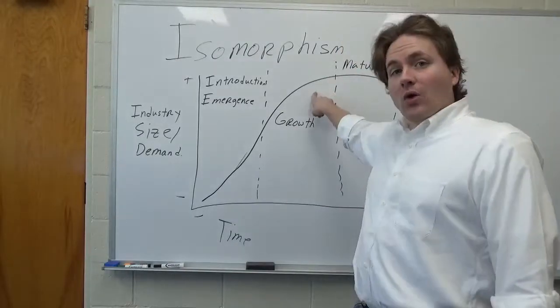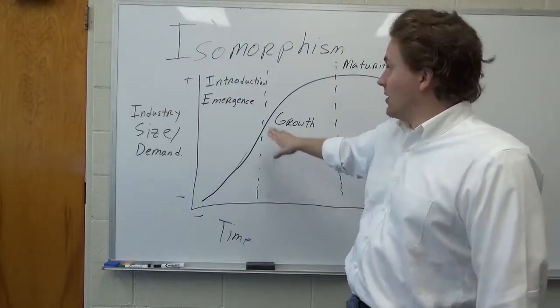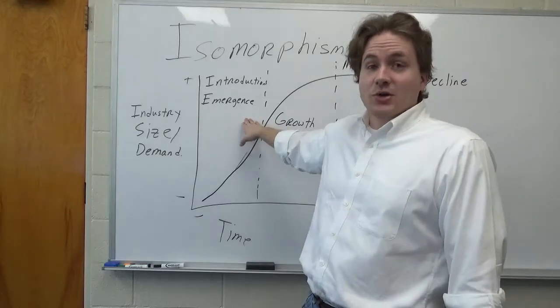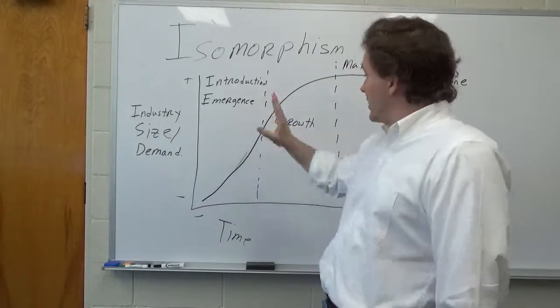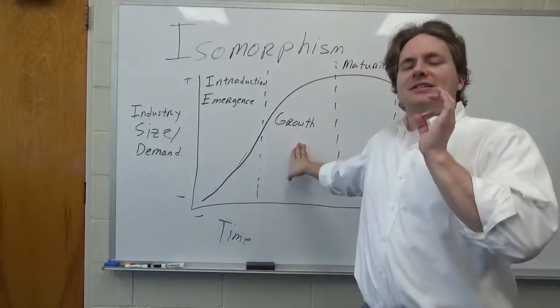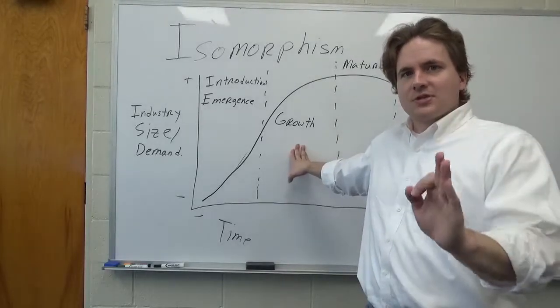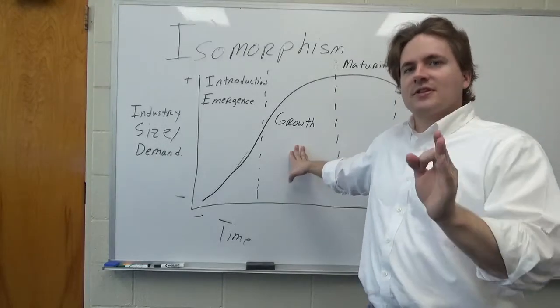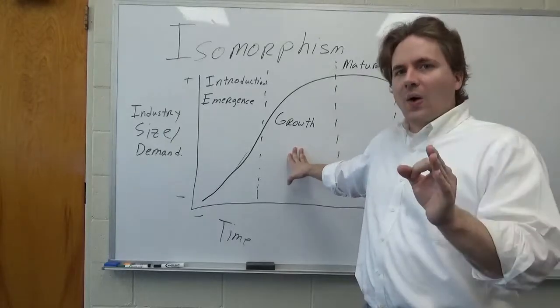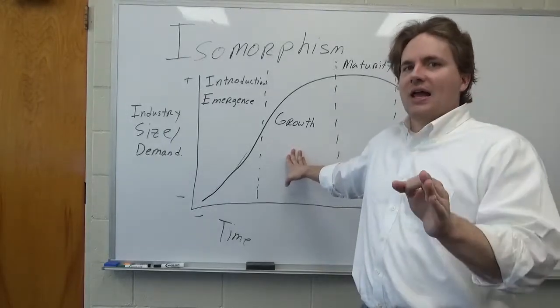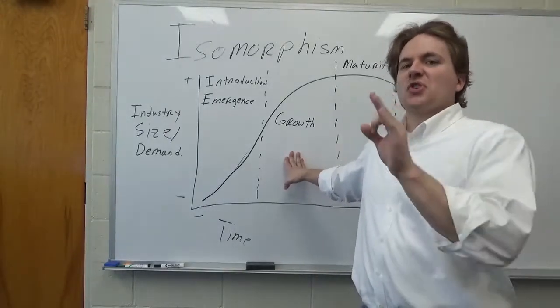Whereas when you look at growth, everyone agrees. In the introduction we're still trying to figure out whether there is actually a place for this product or industry. Here we say, all right, it's definitely here. There is a place for this product. There is a need for this given industry. Now, how do we decide what that industry should look like?